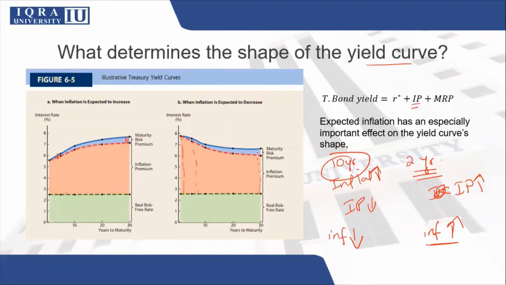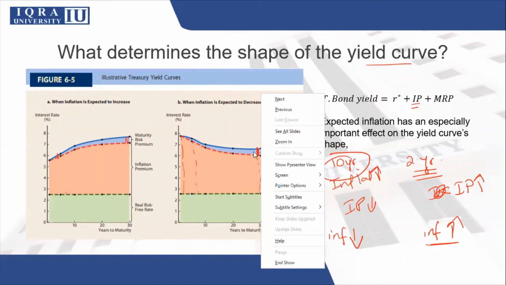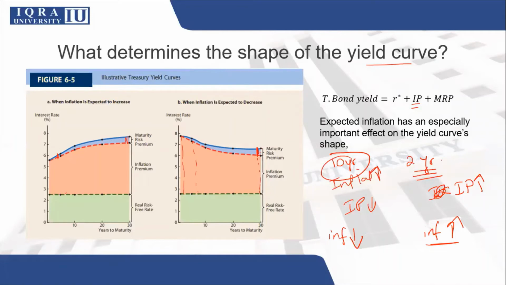But over here you can see that the maturity risk premium is still increasing, so that is still not going to change. The maturity risk premium is still higher for the longer duration bonds, but the curve itself is different now because of the inflation premium factor.